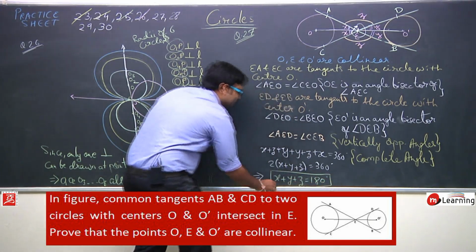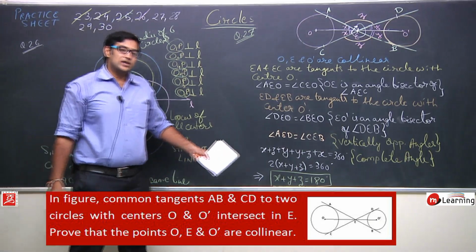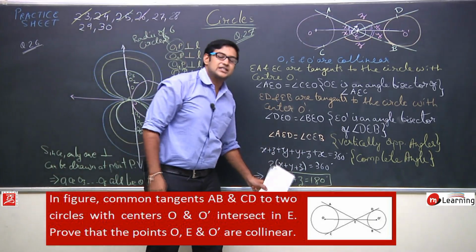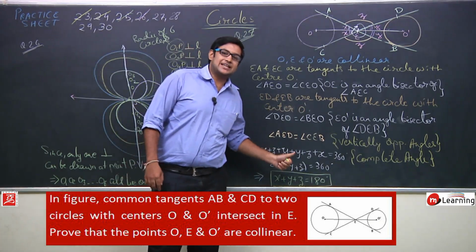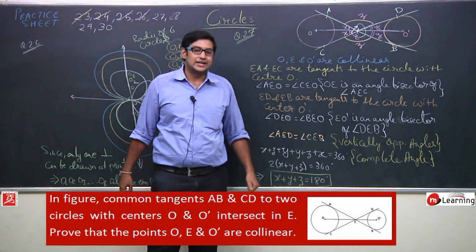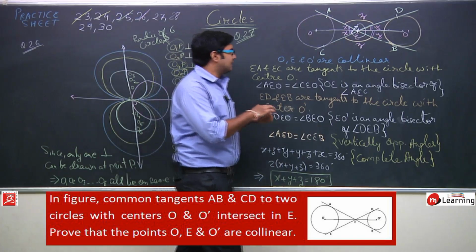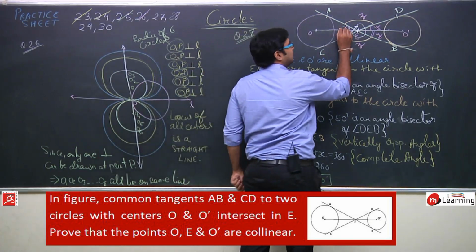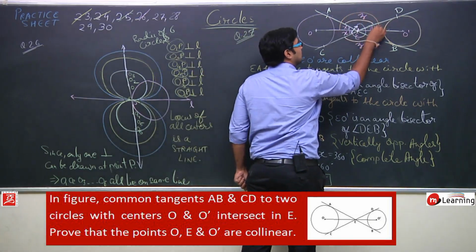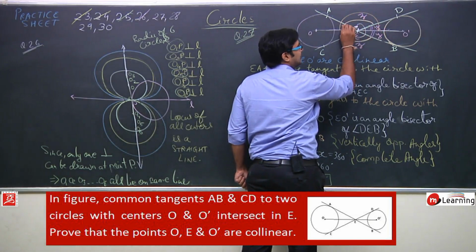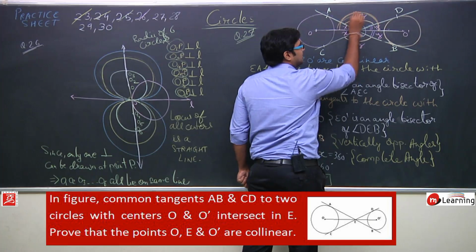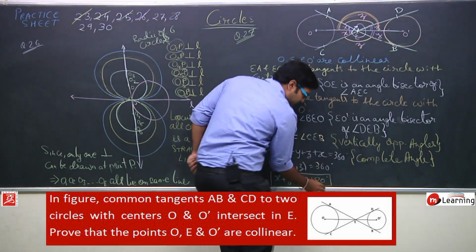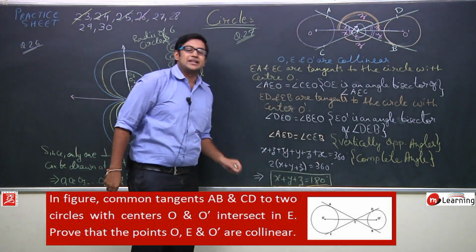This is the condition. Now try to understand, try to interpret this condition. So it says X plus Y plus Z is equals to 180. It means X plus Y plus Z stands for these three angles, X, Y and this X, Z and Y, these three angles. The sum of these three angles is equals to 180 degrees. What does it mean?